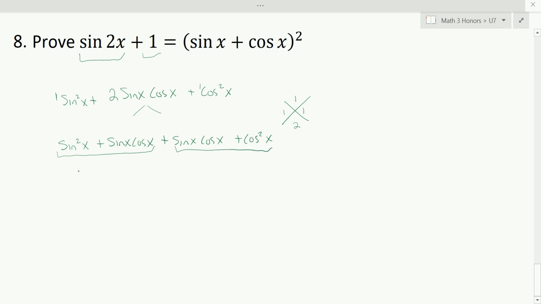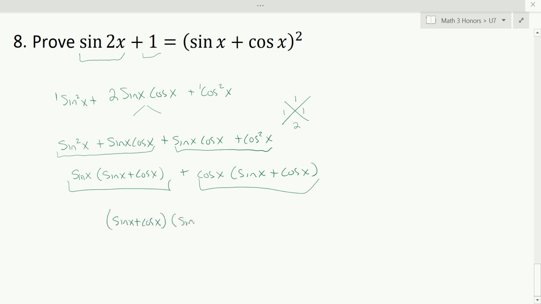So over here we factor out a sine x, and we're left with sine x plus cosine x. And on the right-hand side we factor out a cosine x, and we're left with sine x plus cosine x. Is this looking familiar, factoring? The process that we go through? And then both of these have a common factor, sine x plus cosine x.